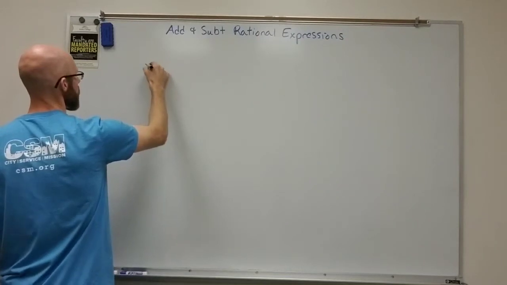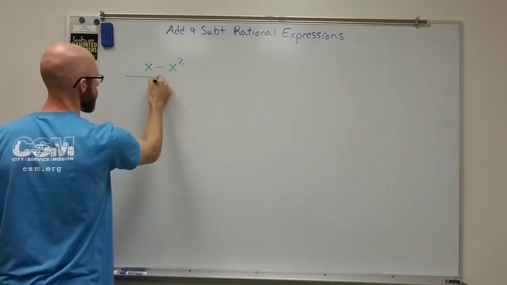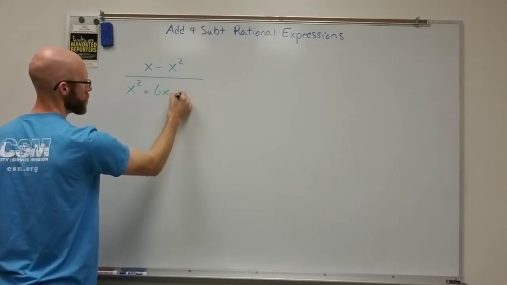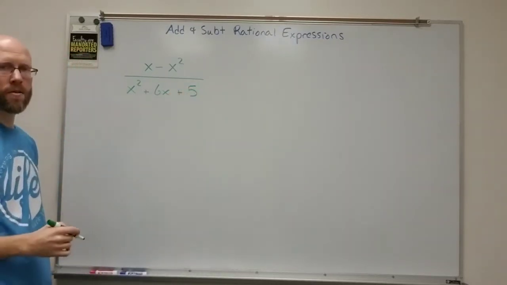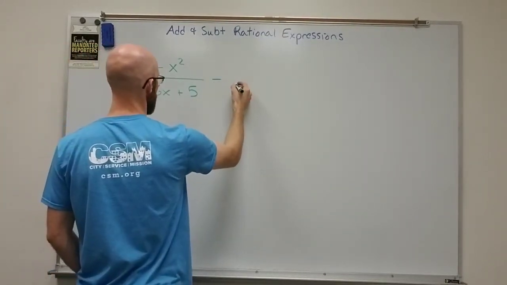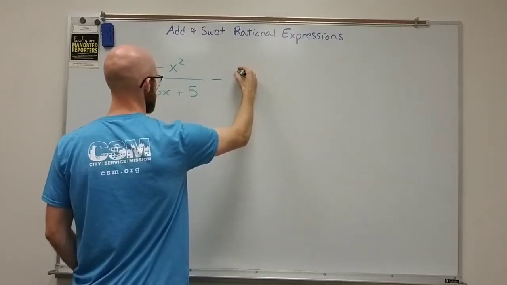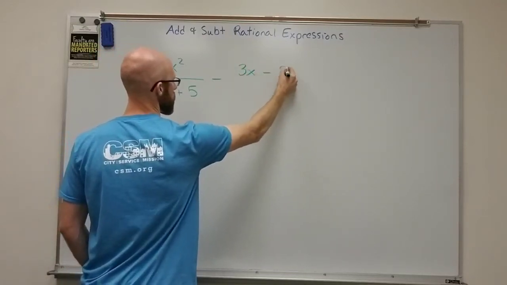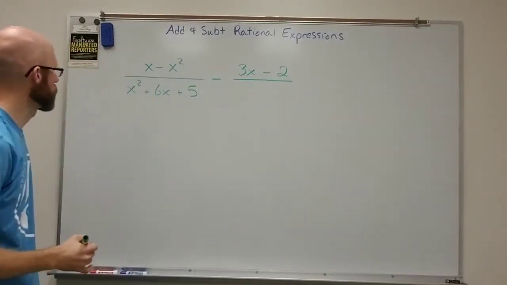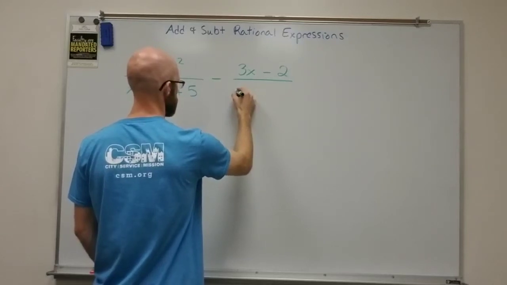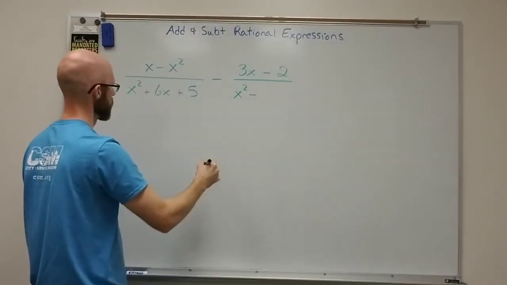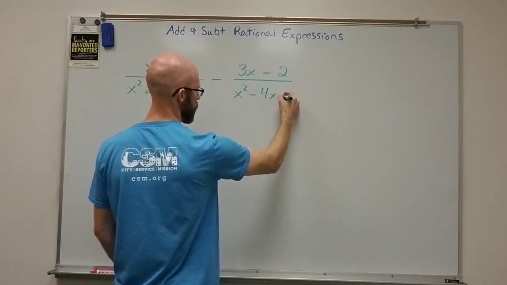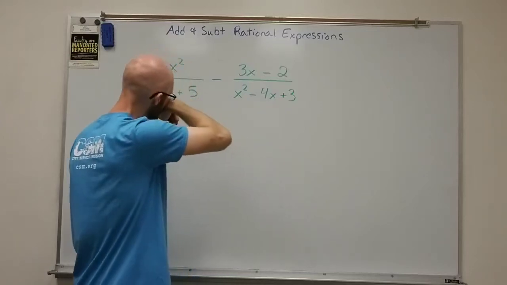How about something like x minus x squared over x squared plus 6x plus 5, and then we'll do minus 3x minus 2 over... let's do this one.